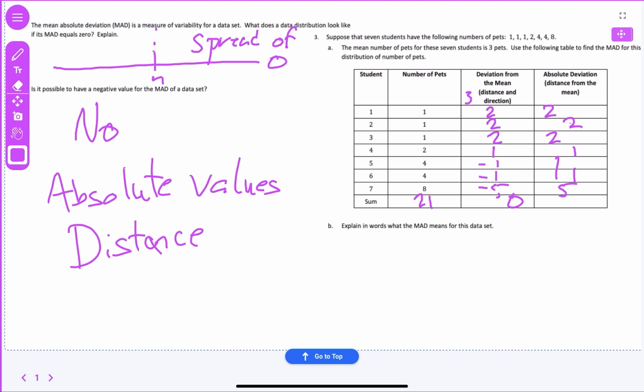Should always be close. Now, what is the mean absolute deviation of it? 14. Now, explain in words what the MAD means for the data set.